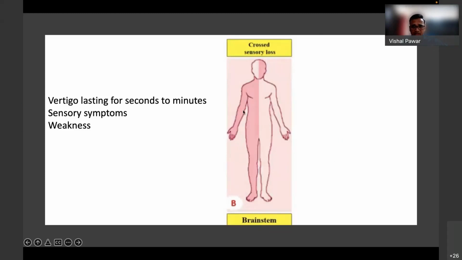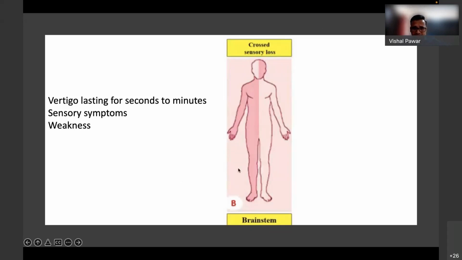And this is what I found: sensory symptoms on the face, one-sided face and one-sided body, and weakness. Some patients even complained of weakness of the hands and legs, and many times these patients are considered as suffering from a functional disorder. A young patient comes with vertigo and these motor and sensory symptoms, and the majority of the time they are labeled as: you don't have any issues, the MRI is normal.